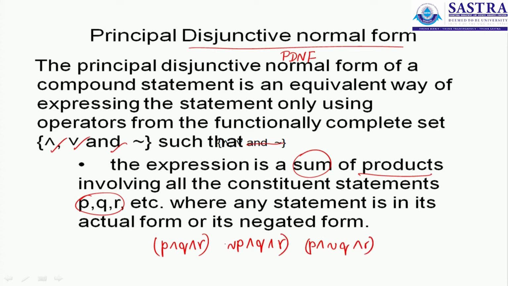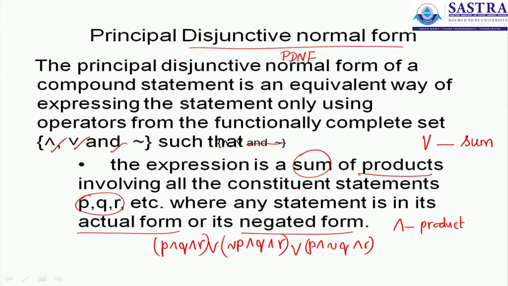In whatever manner you pick them, they're always forming a conjunction of all 3 statements which are either in their actual form or in their negated form. Such an expression is what you call a PDNF. It's a sum of all these products. Here, the easy way of understanding is connecting a sum with a disjunction and a product with a conjunction.